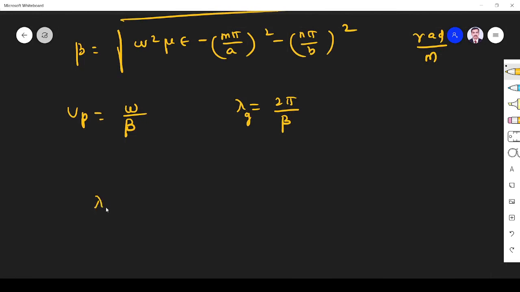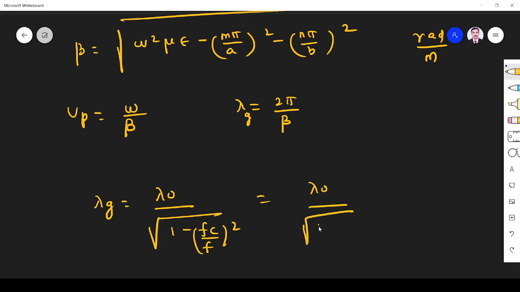Next, the guided wavelength lambda g is given by lambda naught divided by the square root of 1 minus (fc by f) whole square, or lambda naught divided by the square root of 1 minus (lambda by lambda c) whole square. Lambda naught is the free space wavelength.